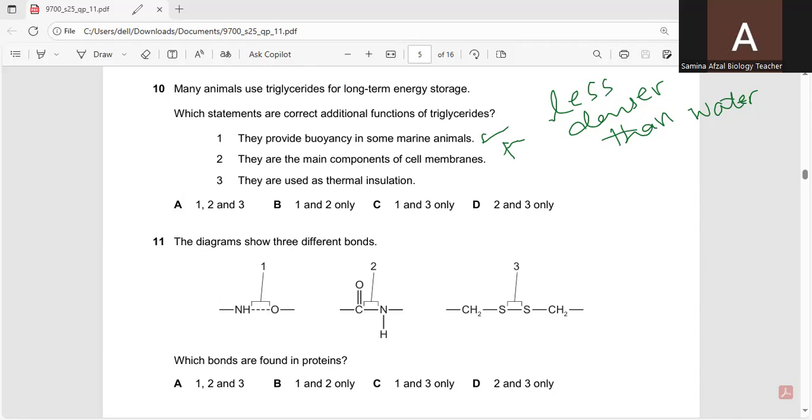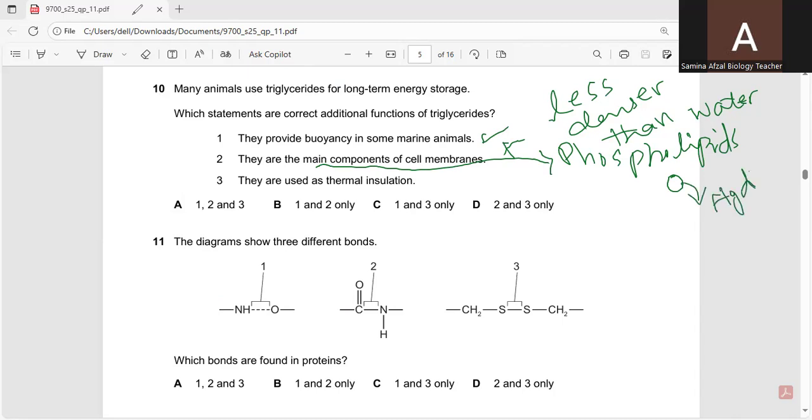Instead, the main components are phospholipids, in which the head of the phospholipid is hydrophilic, water loving, and the tail is hydrophobic.